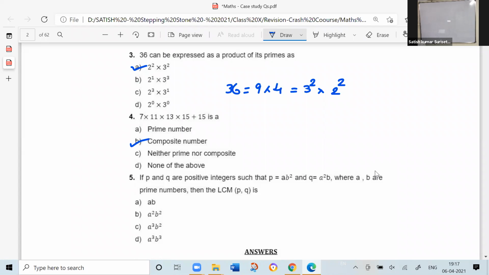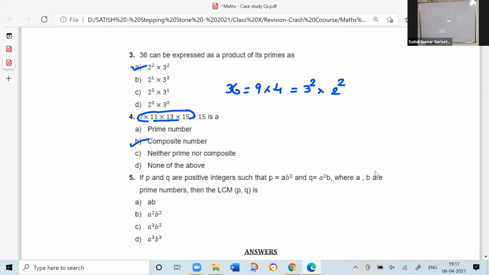Are you calculating this value? Now, if you observe the numbers, are they odd numbers? A product of odd numbers is always odd only. And 15 is also odd.